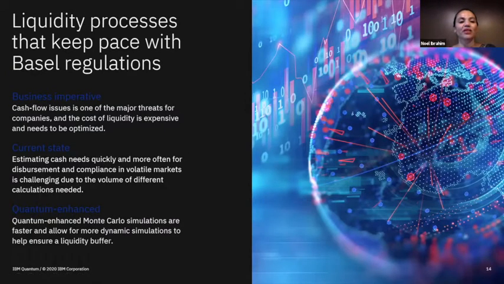Finally, liquidity processes that keep pace with Basel regulations and other types of regulatory applications, such as fundamental review of the trading book, are areas of interest, especially when parallelization of Monte Carlo simulations is expensive during the day.